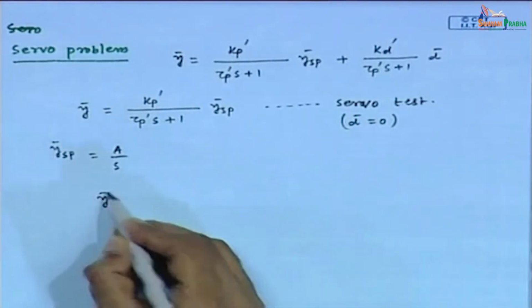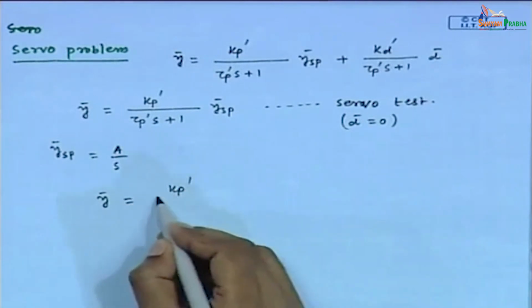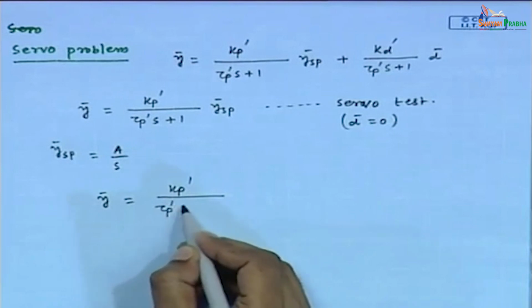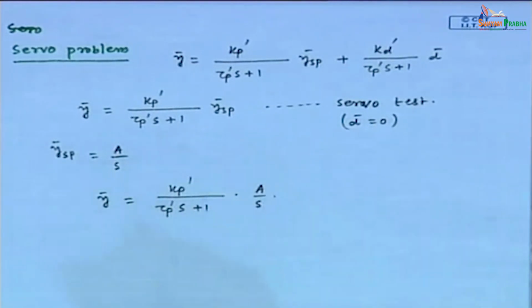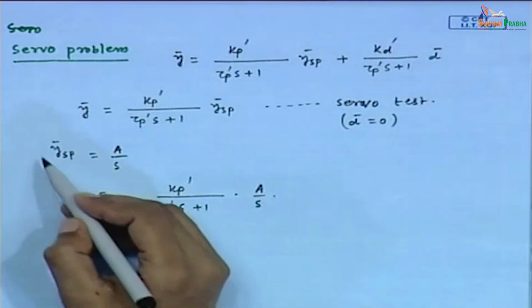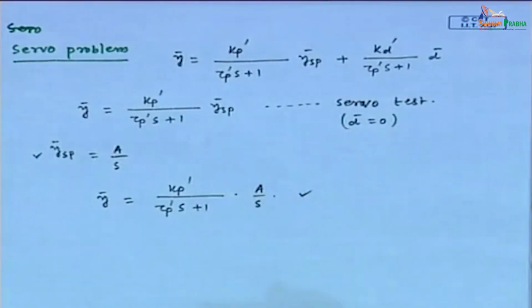So, y bar becomes k p prime divided by tau p prime s plus 1, multiplied by A by s. By considering the step change in set point value, we get this form.